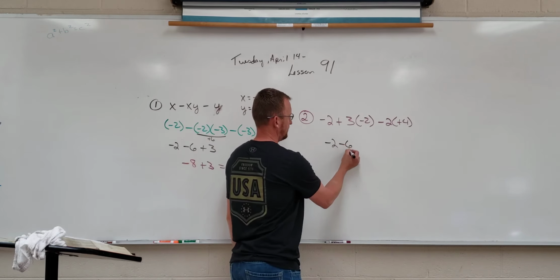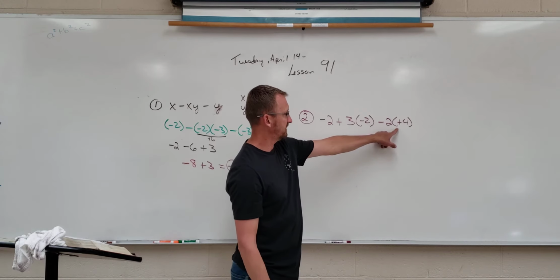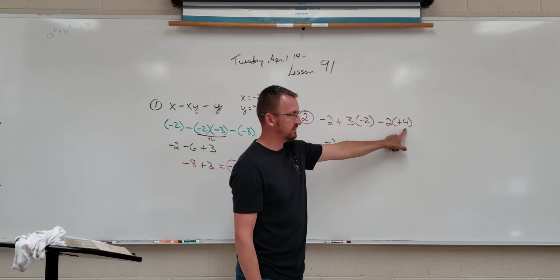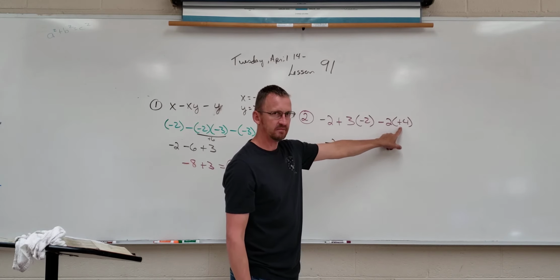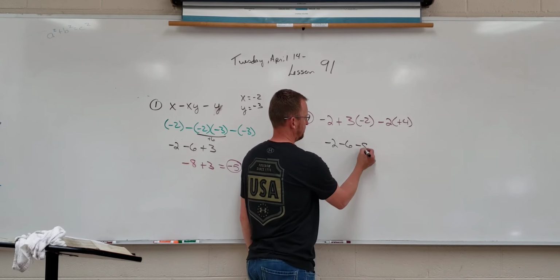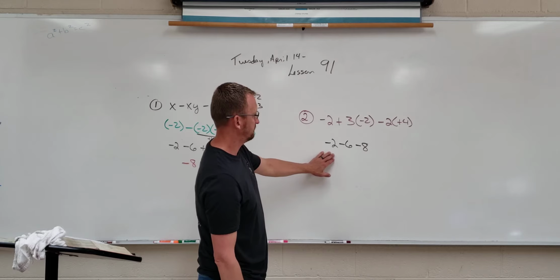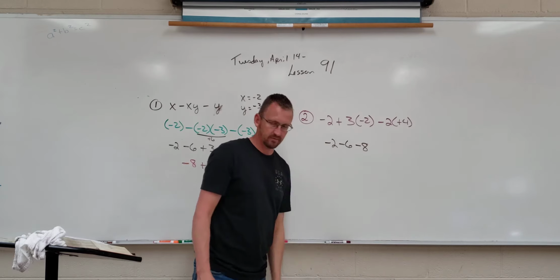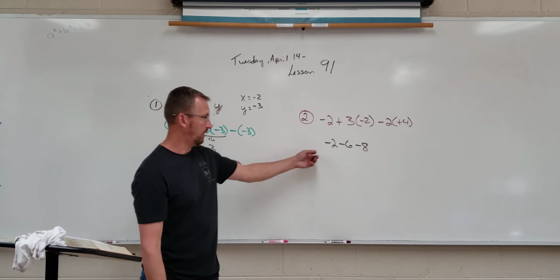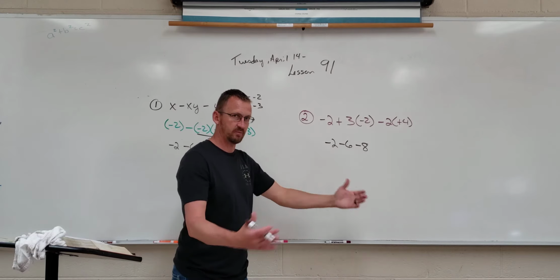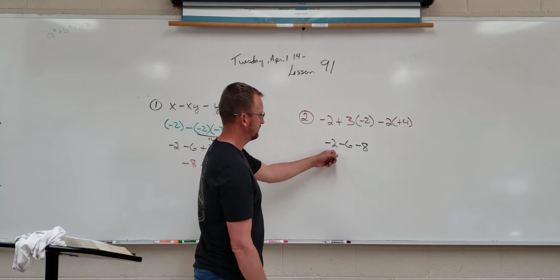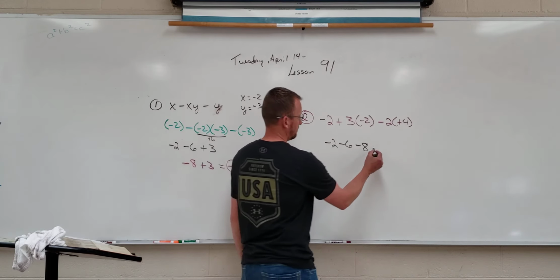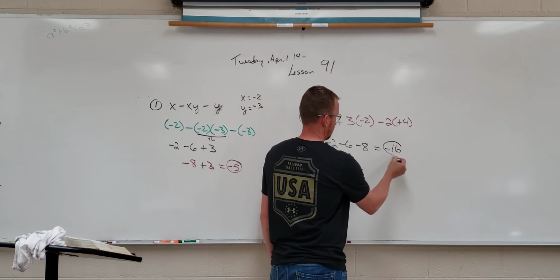So it's a negative 6. Got a parentheses here, same as here, so we're multiplying. 2 times 4, 8. Negative and a positive, opposite signs. When multiplying gives us a negative. So I have a negative 2 minus 6 after we multiply, minus 8 after we multiply here, all negatives, so we can simply add them and take that sign. 2 plus 6, 8. 8 plus 8, 16. And then my sign is negative.